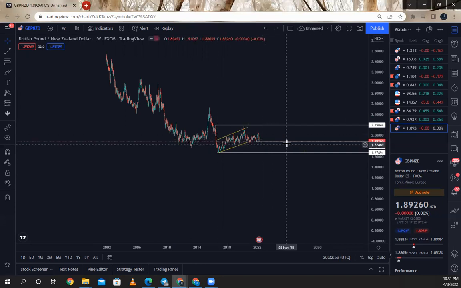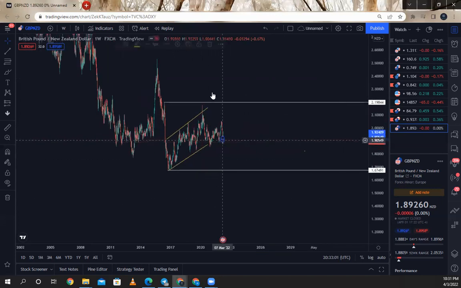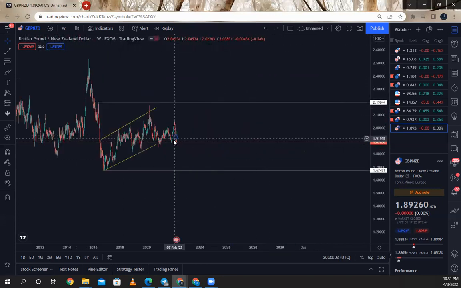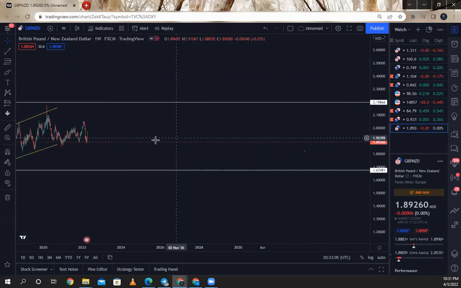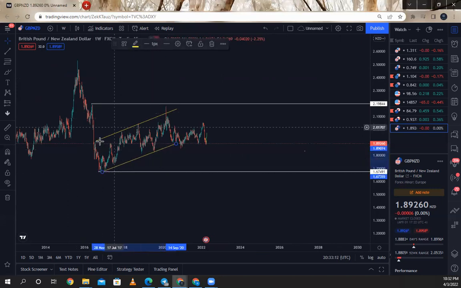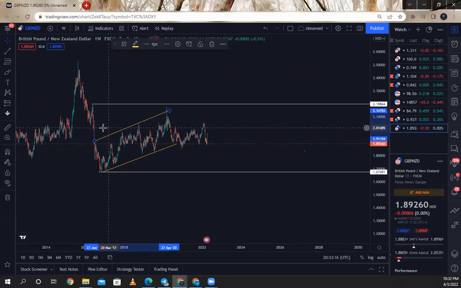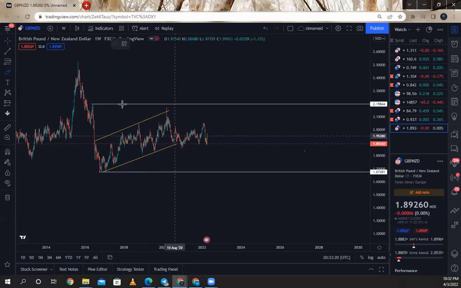So now this is what I have. Let me just remove this, because I have someone who's really willing to buy this. Now what we have here on GBP New Zealand: we have the impulse, then we have the correction. And then from there, what do we have again now?